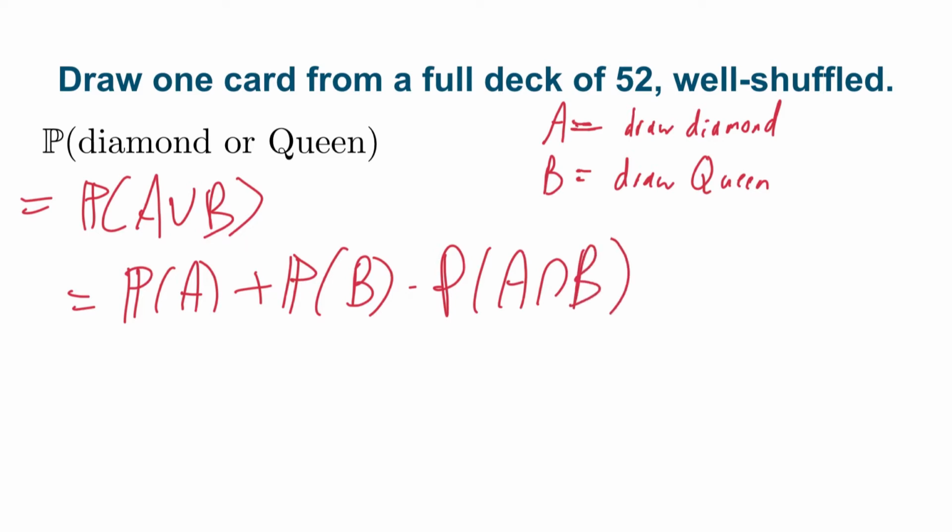So let's ask ourselves, what's the probability of A? What's the probability that I draw a diamond? Well, there's 13 diamonds in the deck. Each of the 2, 3, 4 through 10, Jack, King, Queen, Ace, there's one diamond for each of them, 4 suits total.